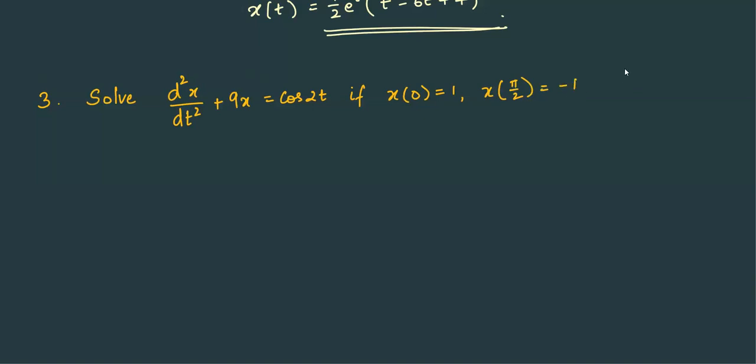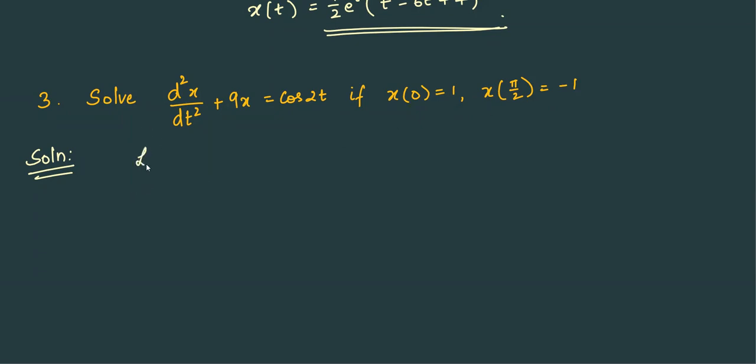So here, interestingly, look at the given conditions. The first derivative is not given, and that is what is usually very important when we do Laplace transform of the differential equation. So the first derivative is not given, but two conditions are given of the function at t equal to 0 and t equal to pi by 2.